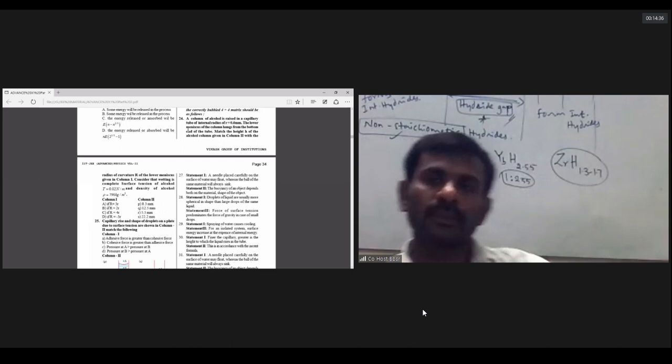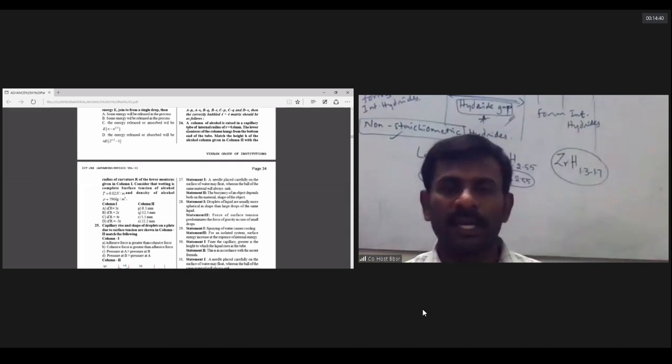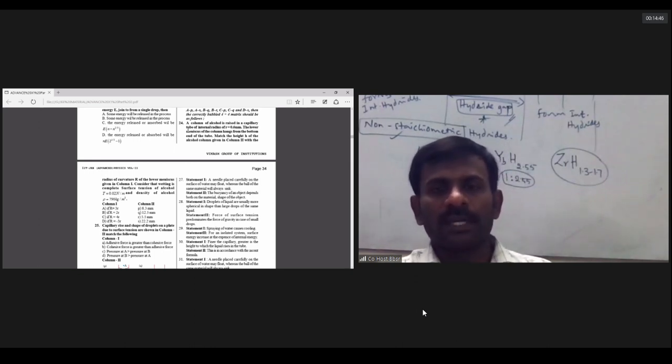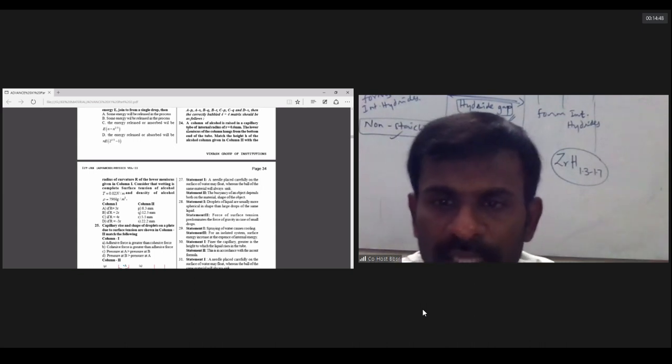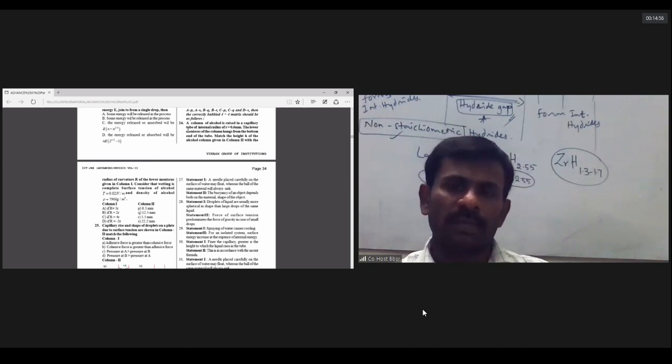A column of alcohol is raised in the capillary tube of internal radius r, 0.6 millimeter. The lower meniscus of the column hangs from the bottom end of the tube. Match the height h of the column given in column 2 with the radius of curvature capital R of the lower meniscus given in column 1.